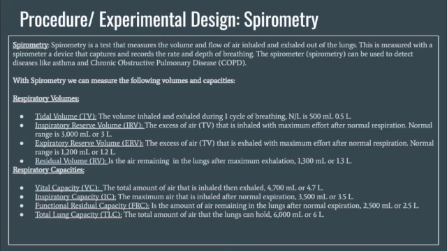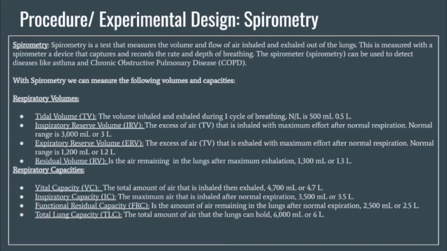Respiratory volumes are tidal volume, TV, the volume inhaled and exhaled during one cycle of breathing. The normal range is 500 milliliters or 0.5 liters. Inspiratory reserve volume, IRV, is the excess of air over the TV that is inhaled with maximum effort after normal respiration. The normal range is 3,000 milliliters or 3 liters.